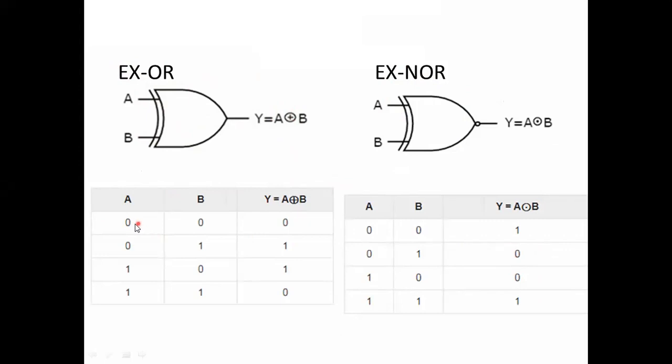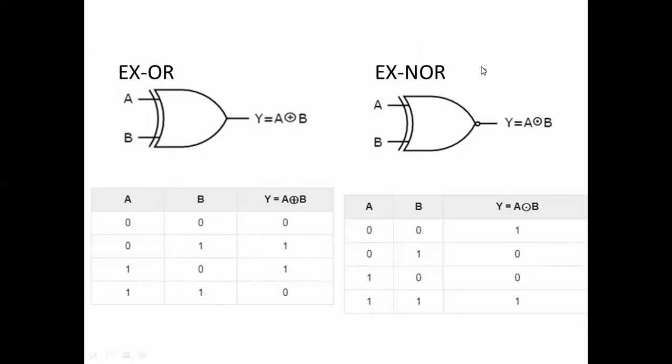If you take the XOR outputs: 0, 1, 1, 0. Whenever an odd number of ones are there, the output is 1. If an even number of ones are there, the output is 0. That's why the XOR gate is called the odd function.